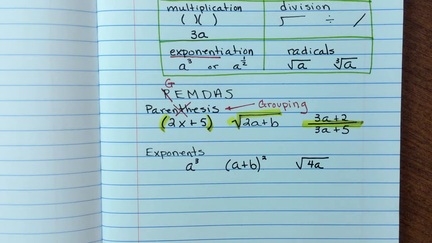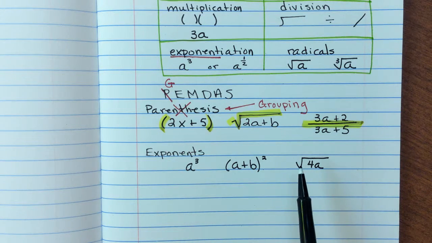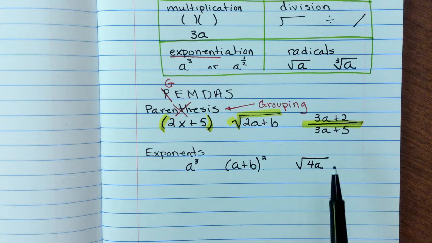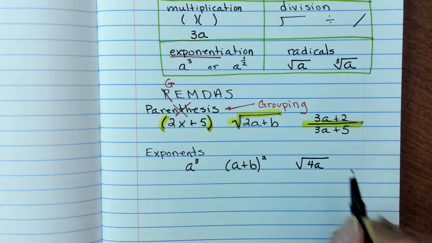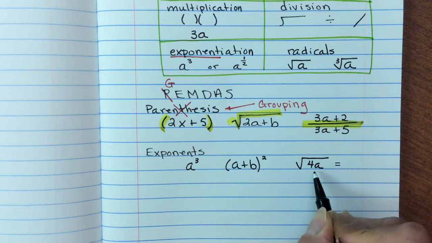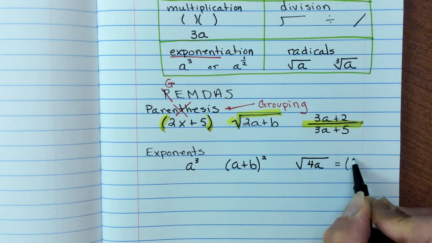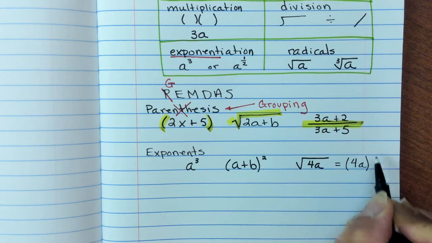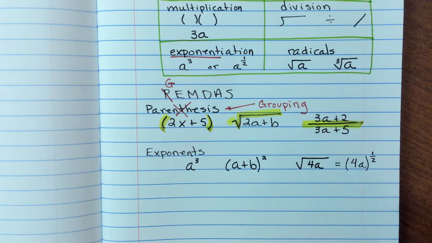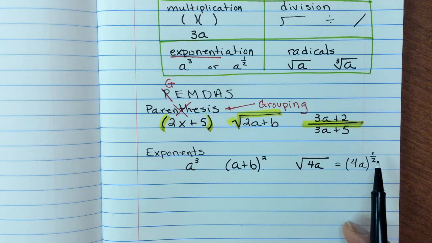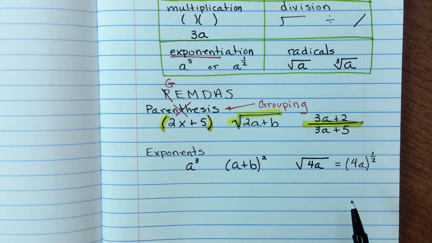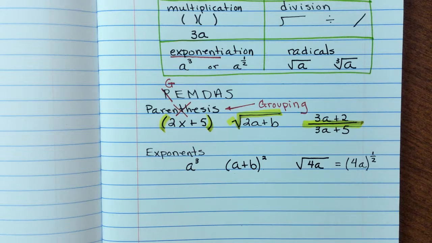So you may be saying to me, well, wait a minute, that's a radical, that's not an exponent. In fact, it is, and as we get further into algebra, we'll see that this can be written as 4A to the 1/2 power. So here it's written as an exponent. So radicals are really exponents in disguise.